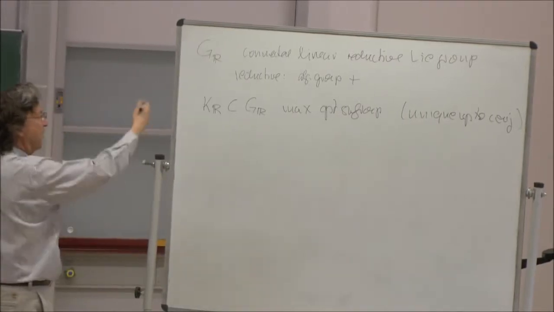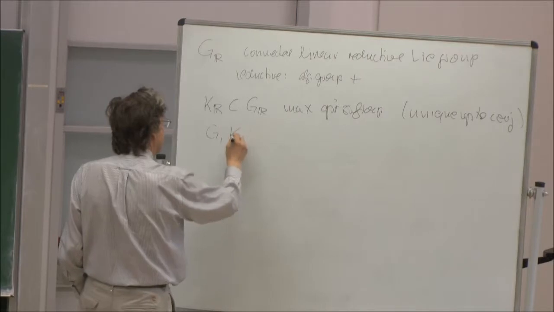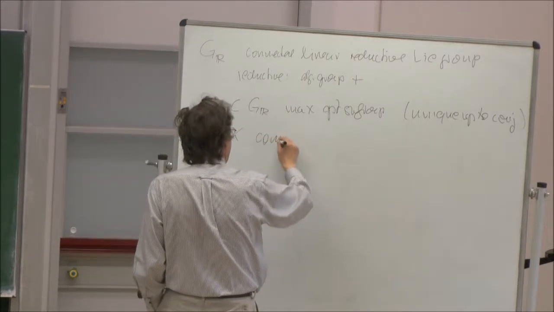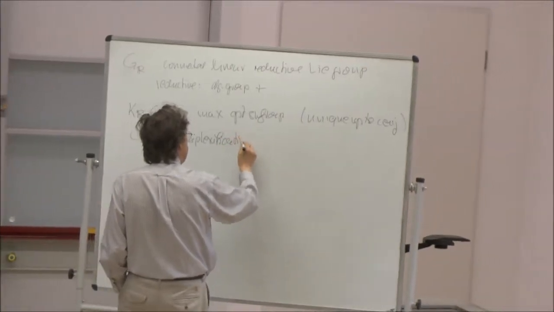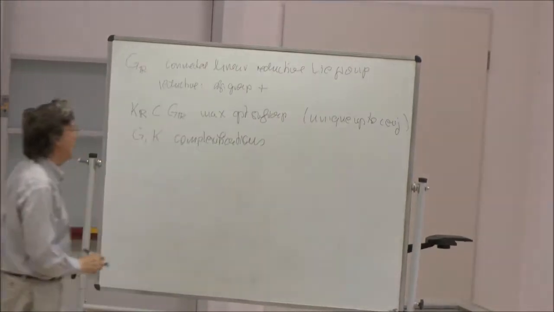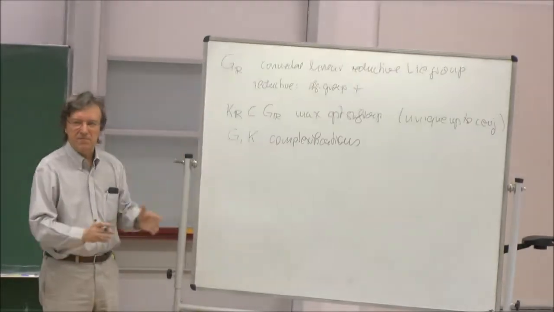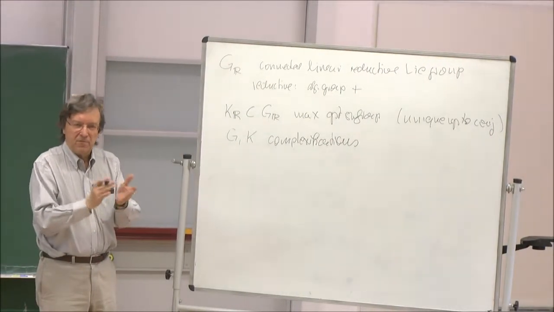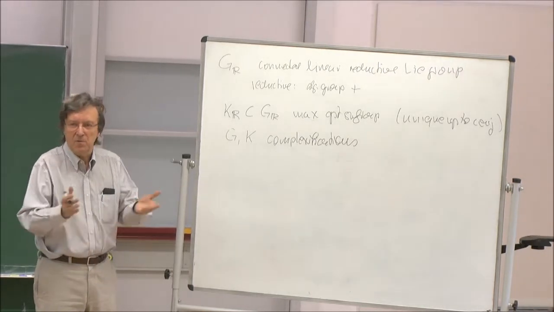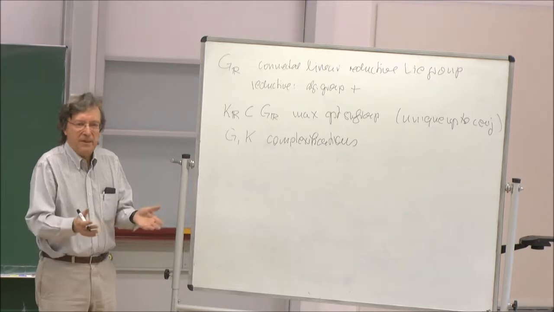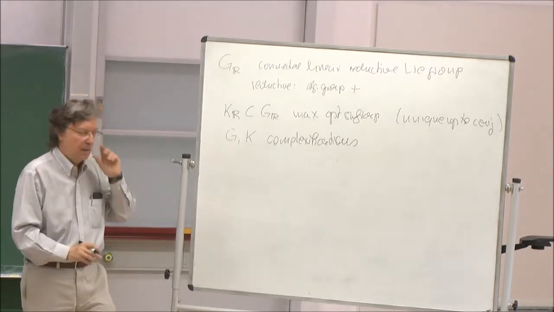And since these are algebraic groups, it makes sense to talk about the complexifications. So let's say G_R is a group of real matrices defined by the vanishing of some polynomials with real coefficients. And of course, then you can look at all complex matrices that satisfy those conditions. That's the complexification.